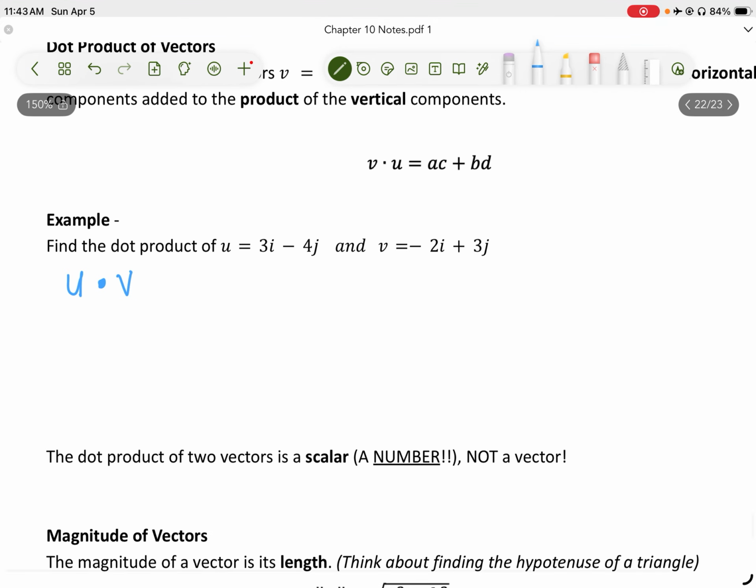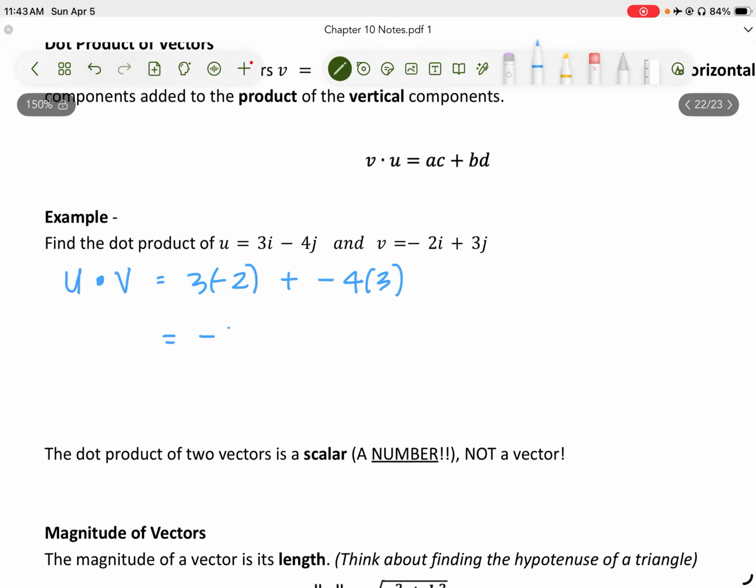This is a dot product. We're going to have 3 times negative 2 plus negative 4 times 3. Notice that this is not a vector. This is just a number, also known as a scalar, just a scalar result.